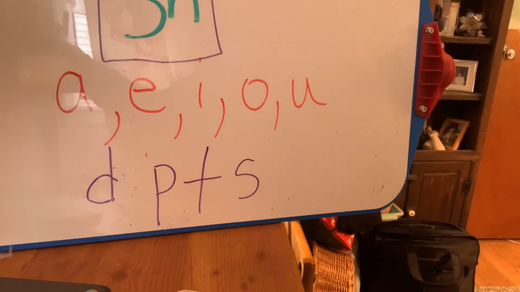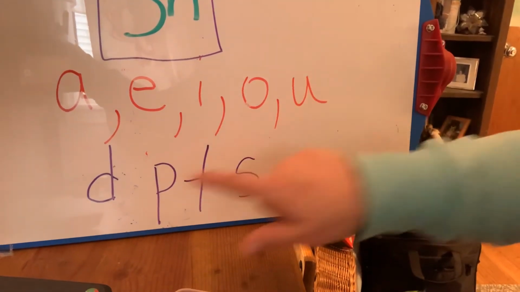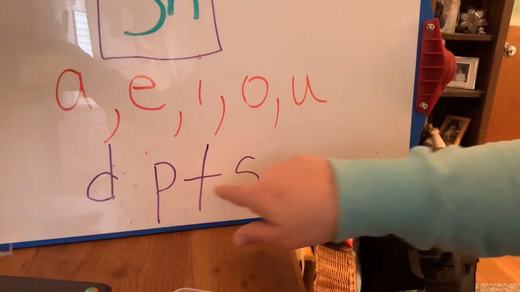So again, you need this tile, then the vowels A, E, I, O, U, consonants D, P, T, and S.